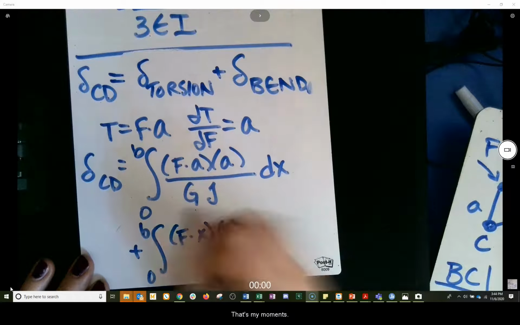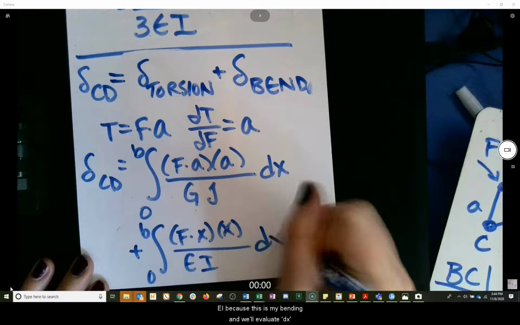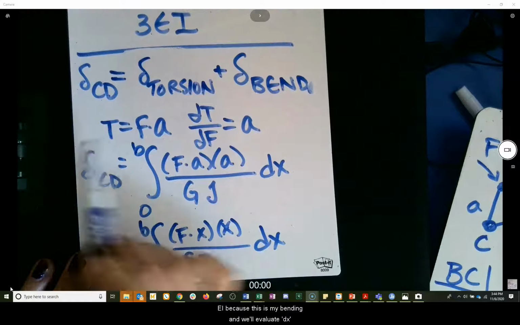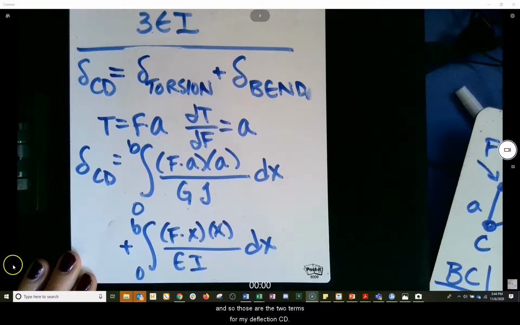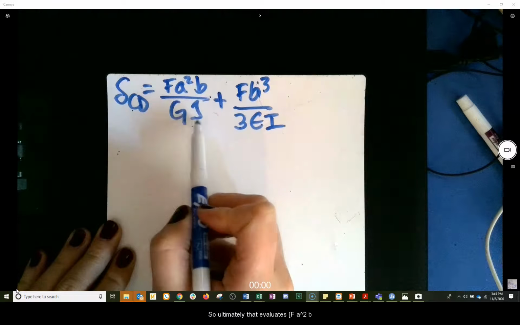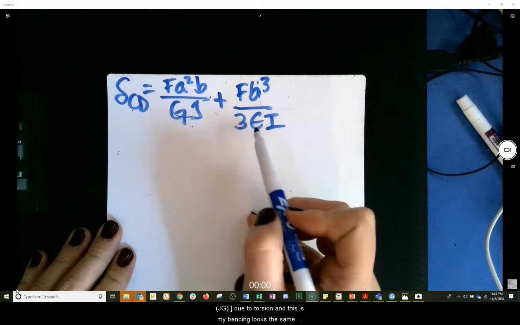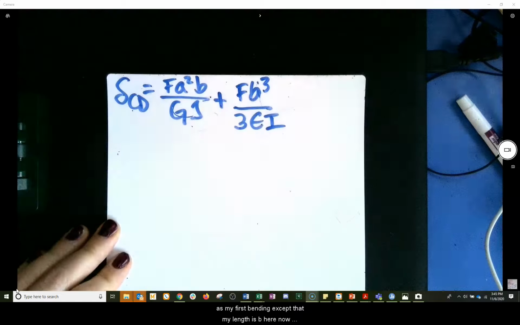That's my moment. We have EI because this is my bending, and we'll evaluate with x. Those are the two terms for my deflection CD. Ultimately that evaluates to F A squared B over JG due to torsion, and this is my bending. It looks the same as my first bending, except that my length is B here now instead.